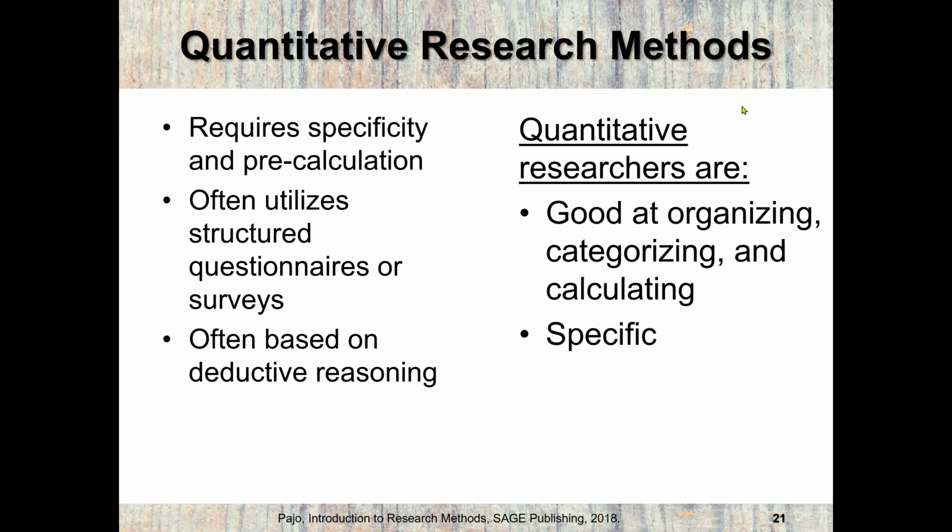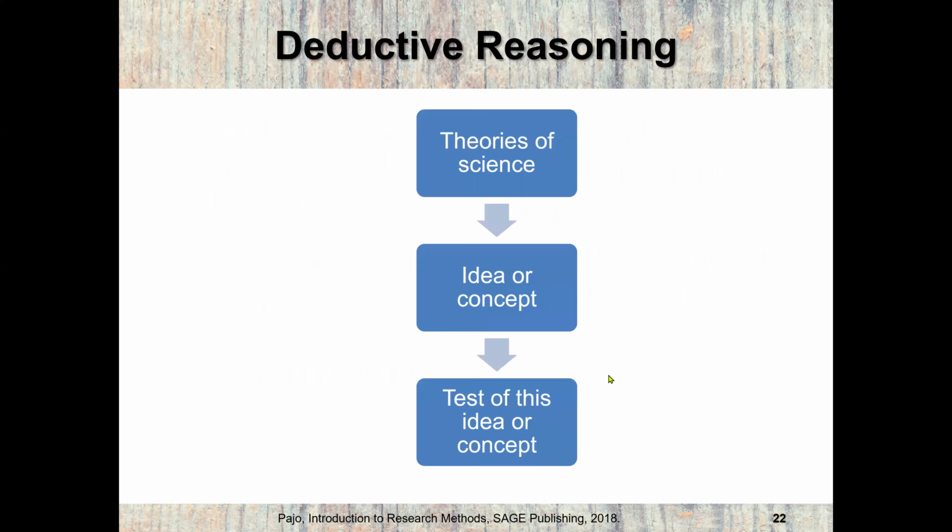So quantitative researchers can be good at organizing, categorizing, and calculating, because here we need to analyze the data. Then we need to be specific. Now with quantitative, the reasoning is deductive. So theories of science, example, idea or concept, test of this idea or concept.